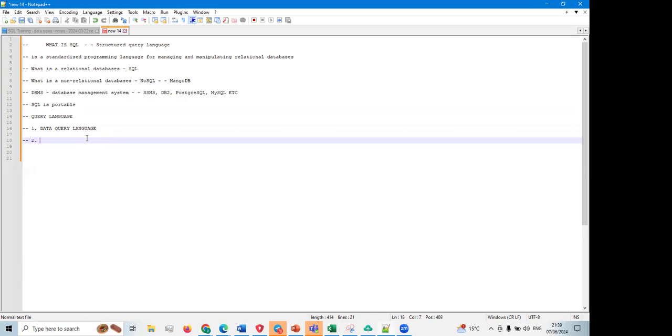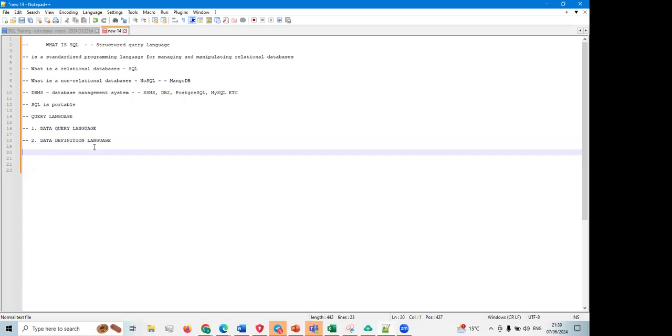We have data definition language. We have data manipulation language.